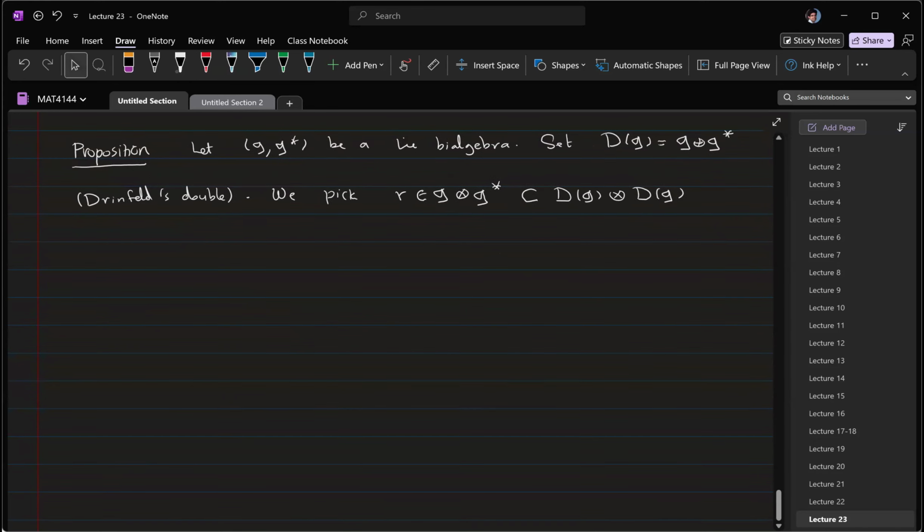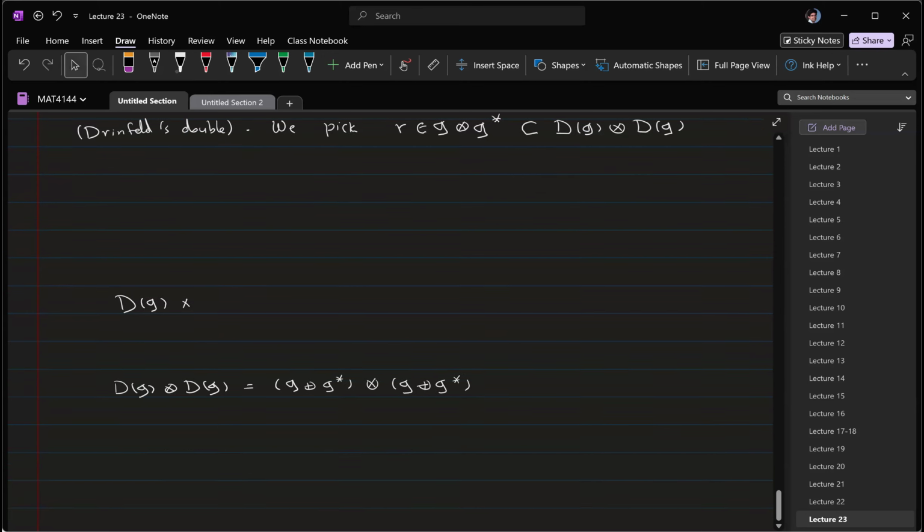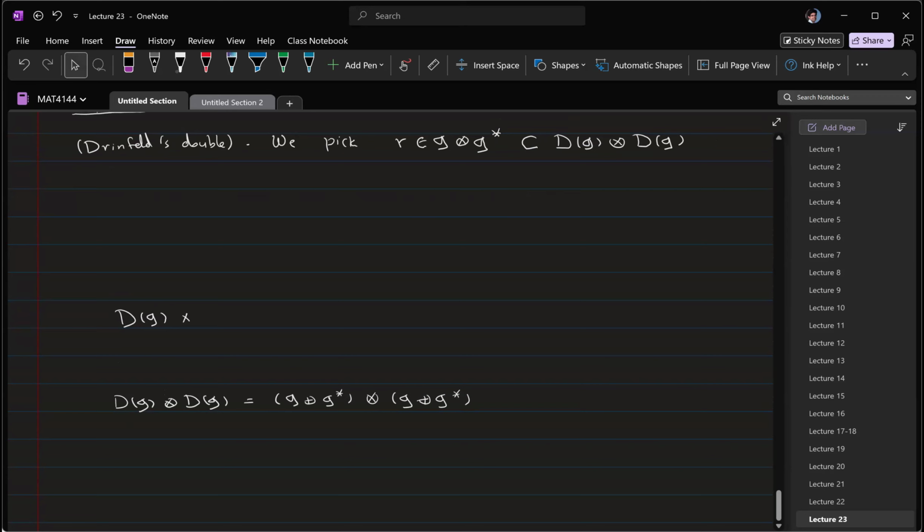So what is DG tensor DG? Well, DG as a vector space is G plus G star. And now I know that this operation of tensoring is bilinear. So if I tensor a direct sum of two things with a third thing, I could just expand, or rather I use the distributive law of the tensor over the direct sum. And I could do this on both sides.